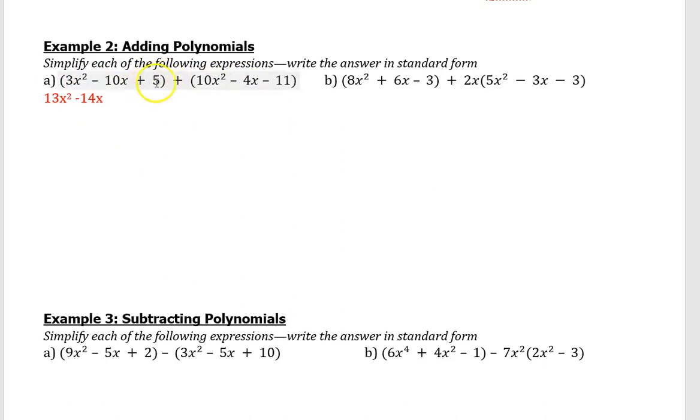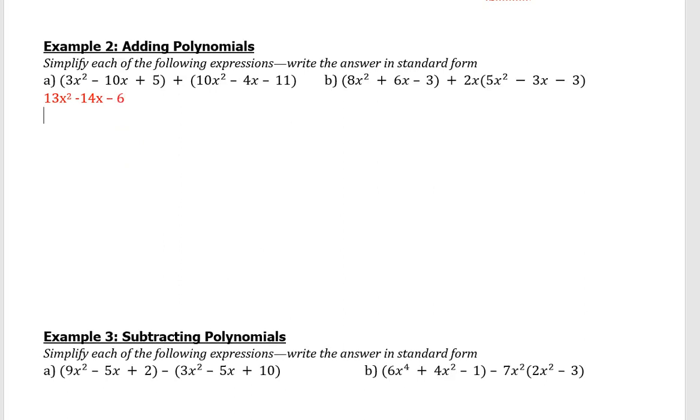And then for plain numbers, I've got 5 and a negative 11, so that would combine to give me a negative 6. If you want to give that a name, that's a second degree, which is called quadratic. Highest power of x is 2, and there's 3 terms there, so it'd be quadratic trinomial. I need spelling lessons today.